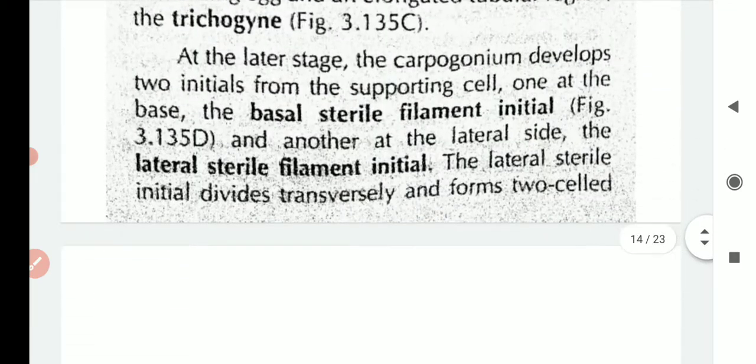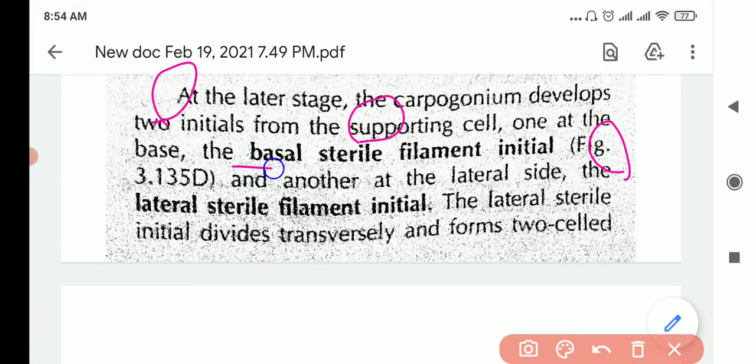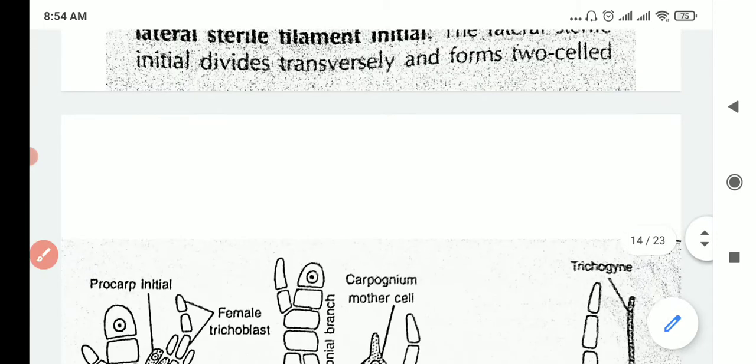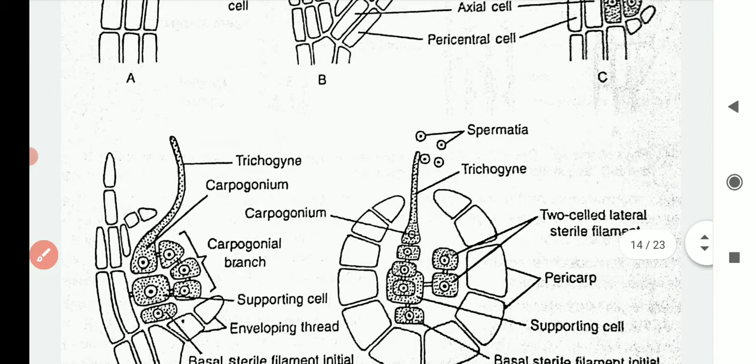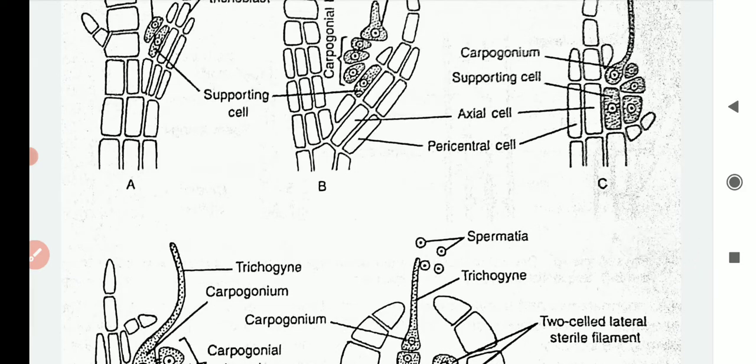Okay, let's look again. Yeah, one at the base and one at the lateral side. Even for these sterile filaments to appear, they need one initial cell. So let's look at those initial cells. Remember again, we are talking about the supporting cell.